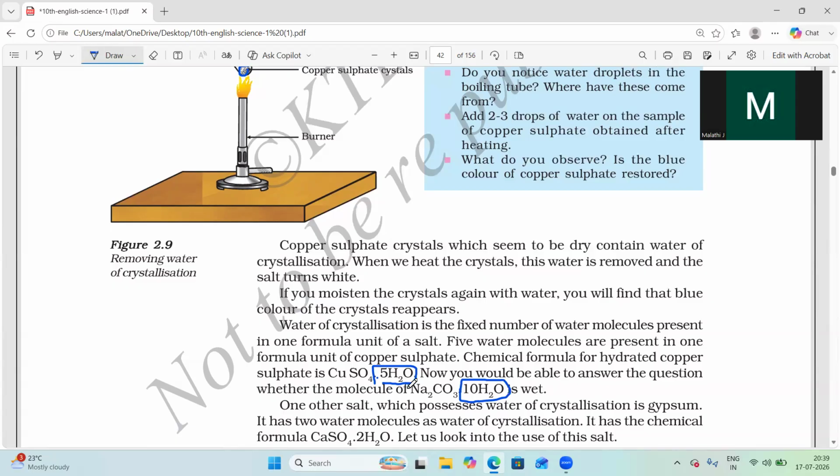What we will call this is water of crystallization. This number is fixed.